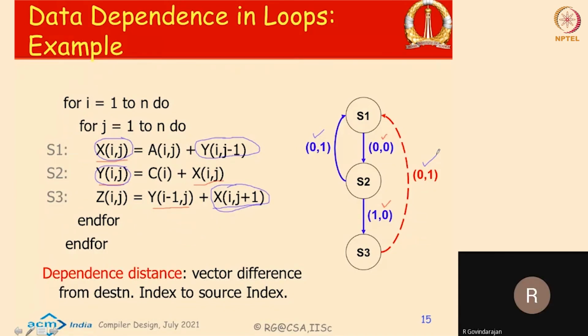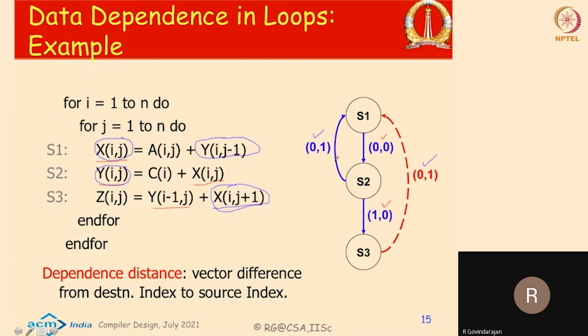Right. So you can actually see that when you are executing this loop, how exactly is the flow of dependence going to be? For example, it's very easy to see why it is from S1 to S2, because that's the order in which you are going to execute this loop, correct? Now let's look at S2 to S1.